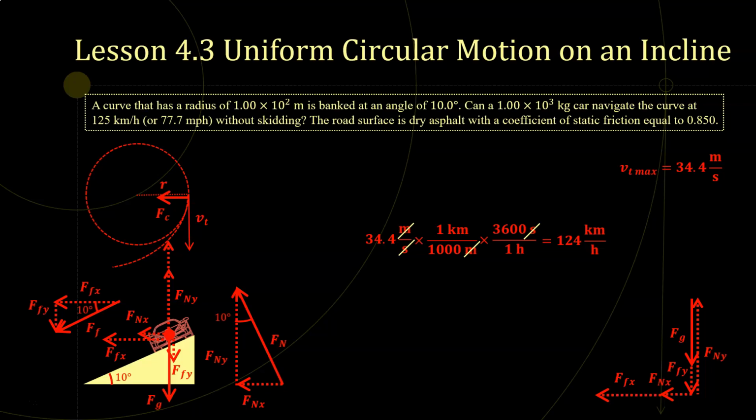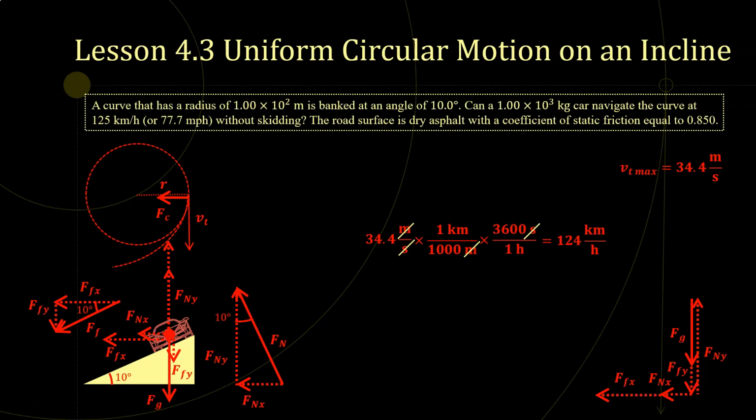That's what I calculated. Now my reference speed, the speed that I actually am moving around the curve, is 125 kilometers per hour. And how does that compare to the maximum speed? Well, it's greater. So I'm moving just too fast and my tires are going to start squealing as I move around this curve.